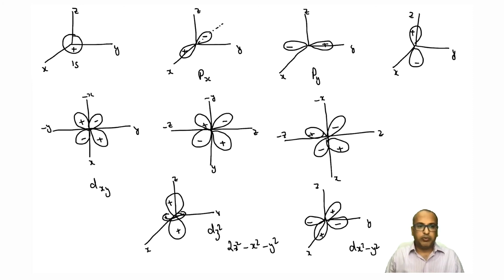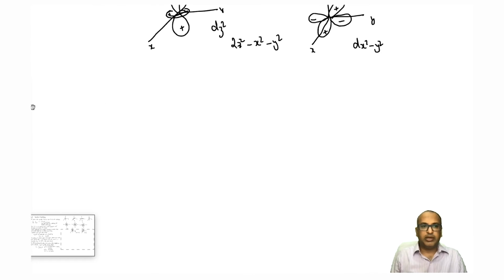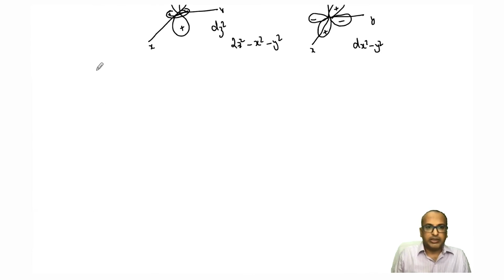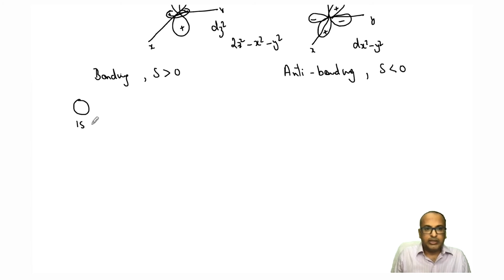So now that we know how this works, let us try to see different bonding interactions. So bonding where S will be greater than 0, and then let's also look at the corresponding anti-bonding where S is less than 0. Now let's say that our interaction is between 1s and 2pz.